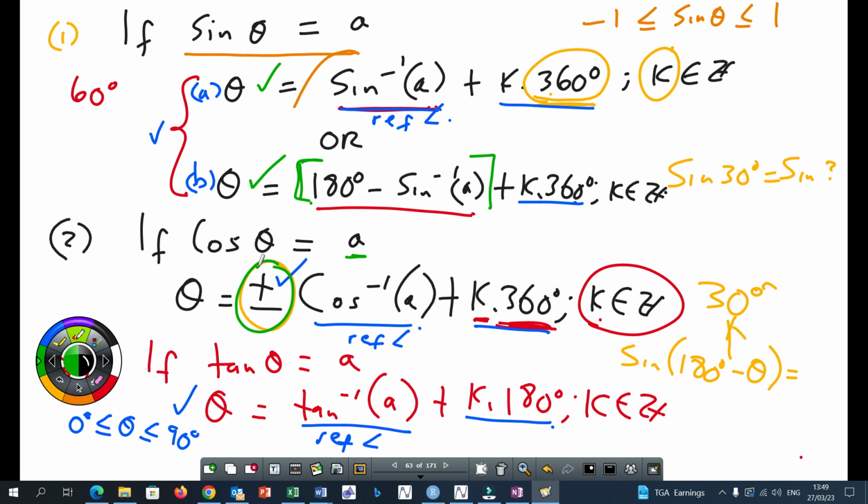There is no mark allocated for writing that, and that's not necessary, because these formulae cater for those quadrants that you want to write down. Why do you want to stress yourself? There's no need. Can you pay attention?